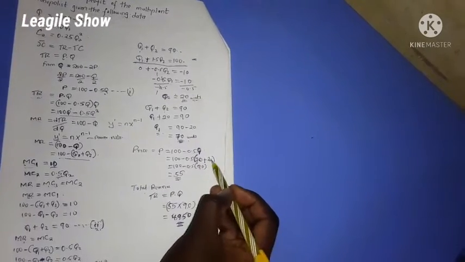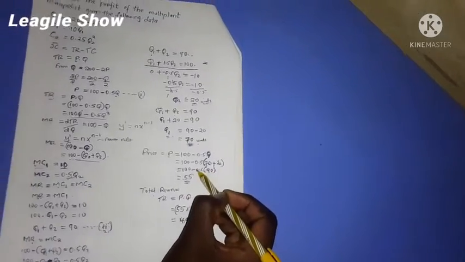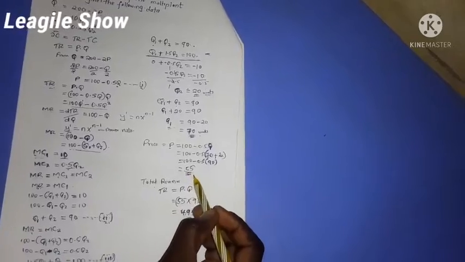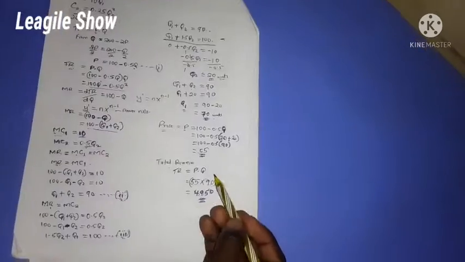Now by adding the two, we get 90 as our Q. Calculating this on your calculator, you'll be able to get 55 as the price that was being charged by these monopolies. Now to the question again, we are asked the profit.